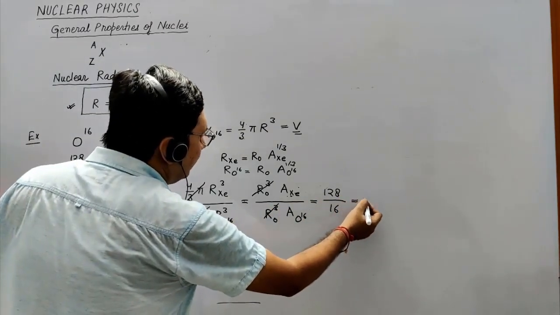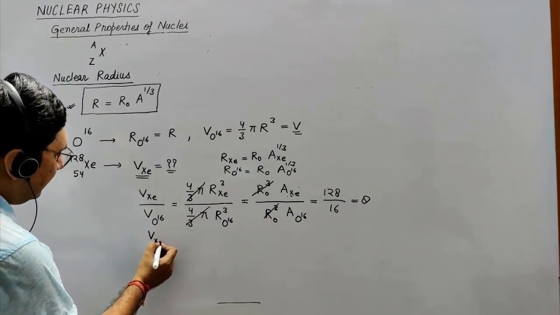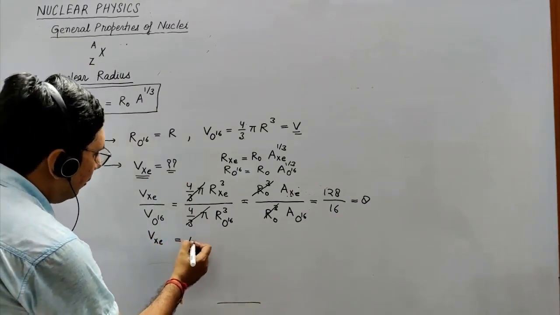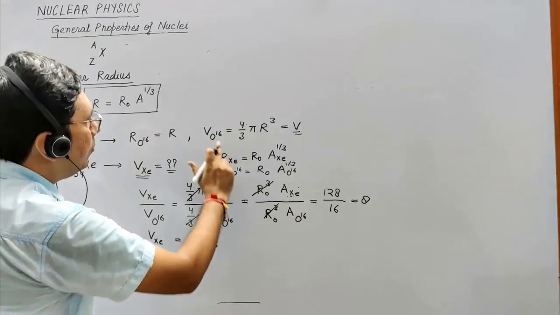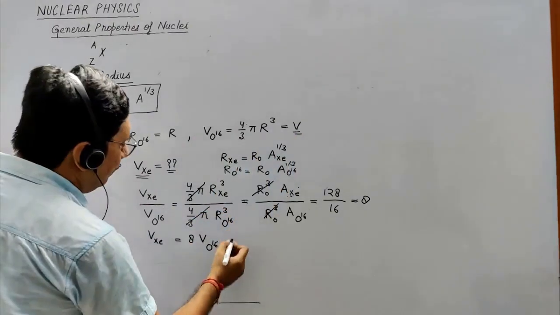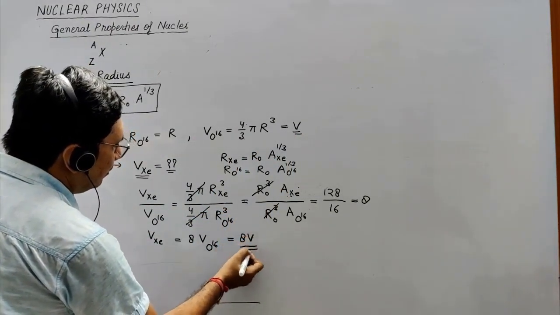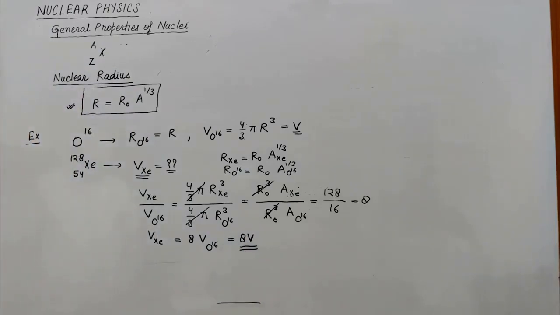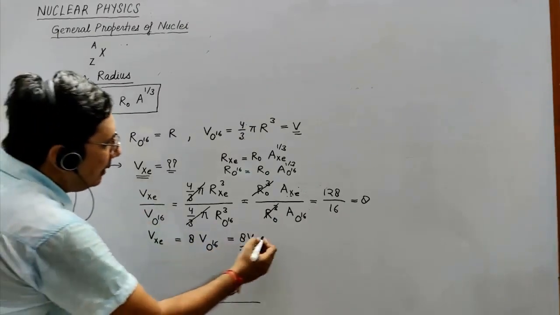Now V Xe will be equal to 8 times V of O16. Volume of O16 nuclei is equal to V, so your answer will be 8V. So the volume of this Xe128 nuclei is 8V.